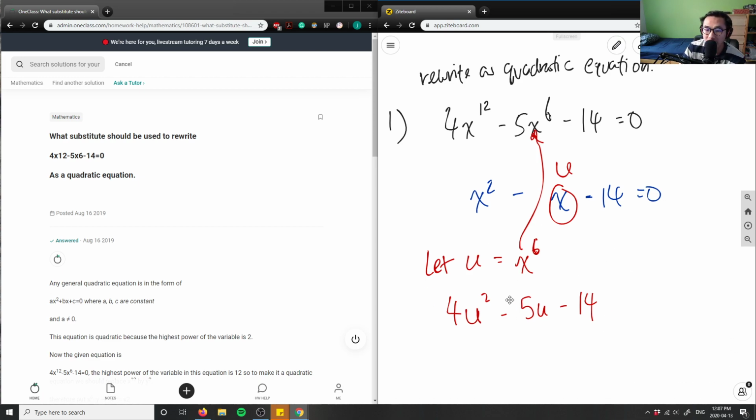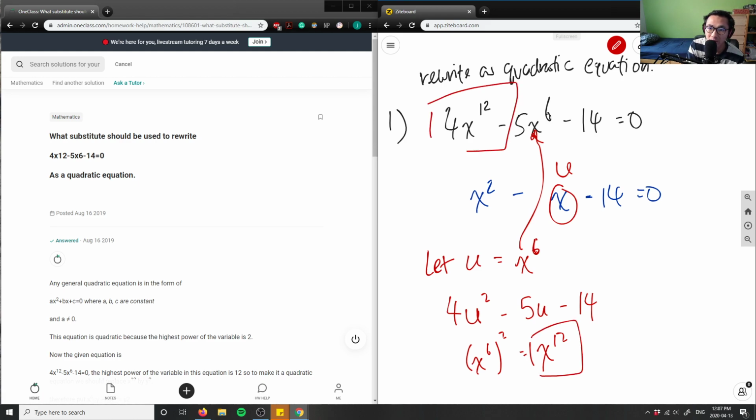The reason why is that if I had u squared here, and I said let u be x to the 6, then x to the 6 squared here would equal x to the 12, right? So this here is exactly the same as the degree I was talking about before.